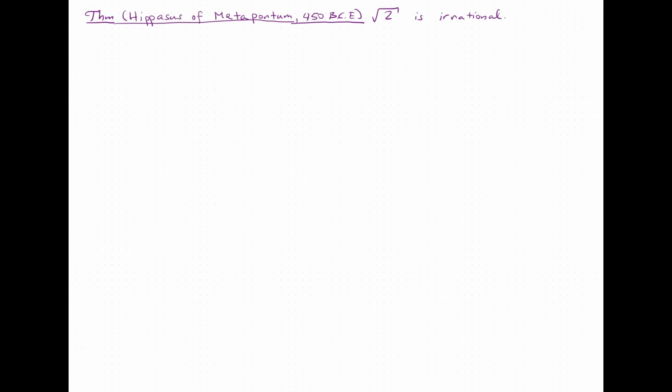So for our first example of a proof by contradiction, we are going to revisit the famed proof of the irrationality of 2. So this dates back to the Pythagoreans in 450 BCE. Legend has it that Hippasus of Metapontum, a Pythagorean, was the first to discover this proof.